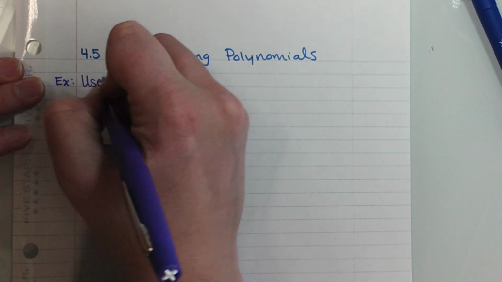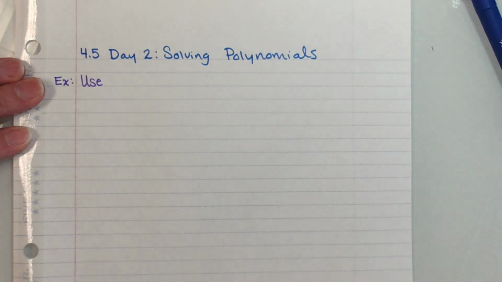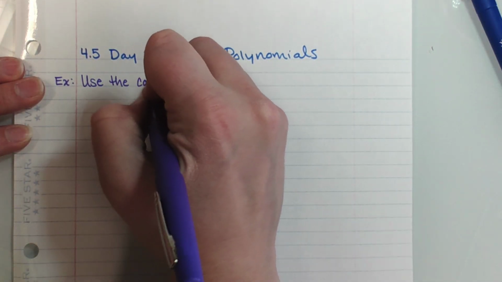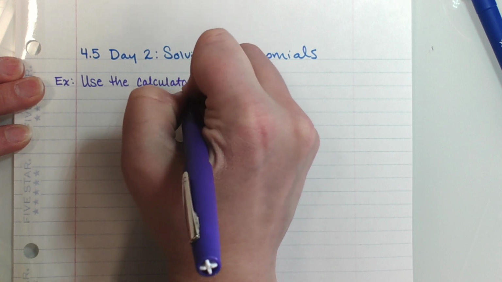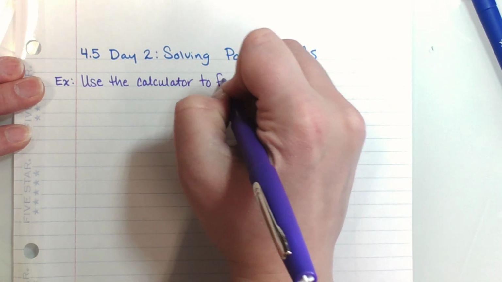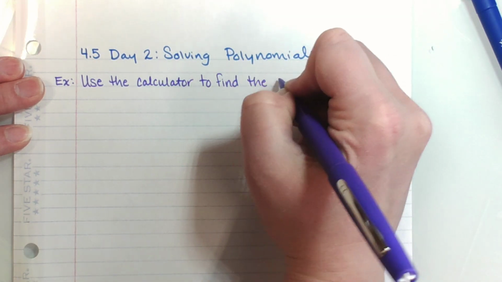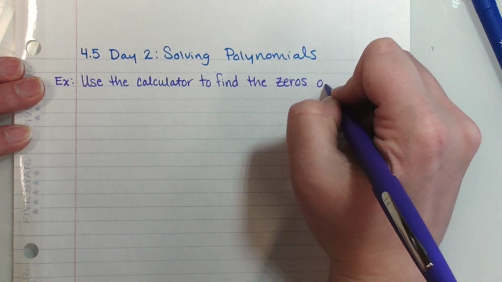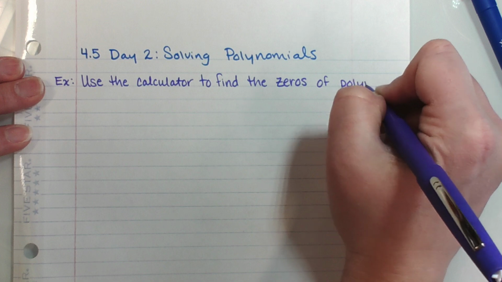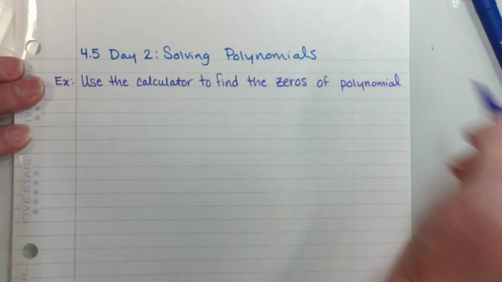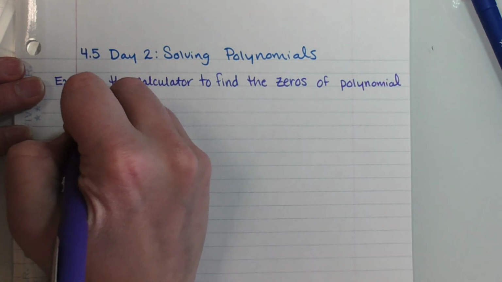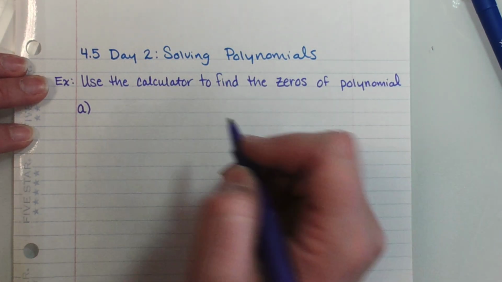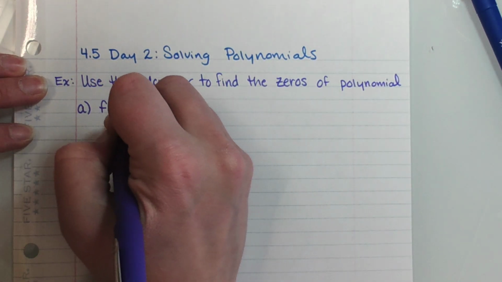So that's where a graphing calculator can come in handy. Now, the graphing calculator will not get us everything that we need, but it will give us a starting point when we've got a problem that is hard to work with.